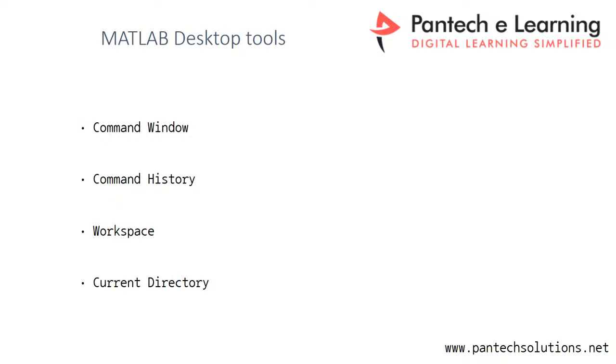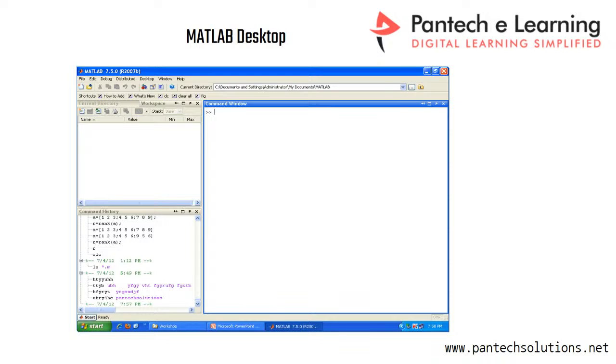So the most basic MATLAB desktop tools, whatever we are currently using, can be commonly said to be the command window, command history, workspace and current directory. Okay, so these are the most common MATLAB desktop tools.